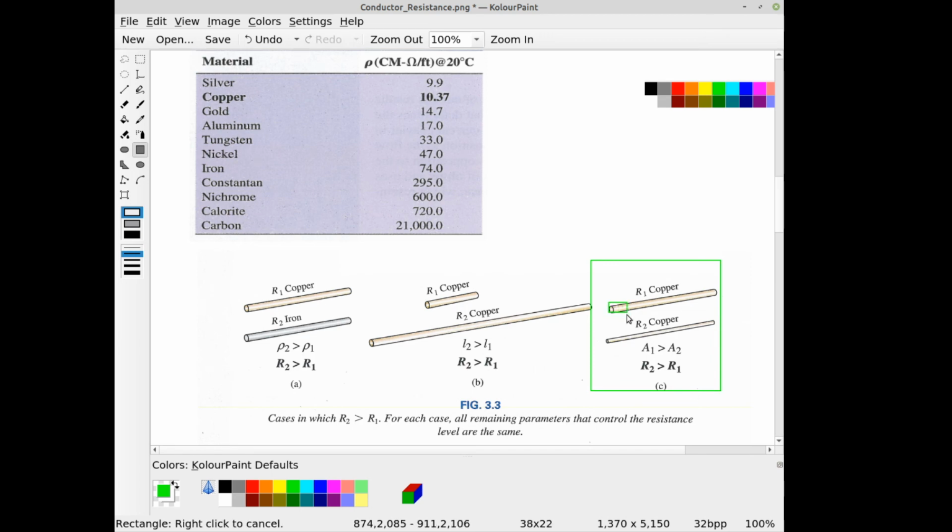R1 is larger in diameter than R2. And so therefore, R2 has more resistance than R1, because R1 has more pathway for more electrons to move through simultaneously. So these are the three main factors, assuming a constant temperature.